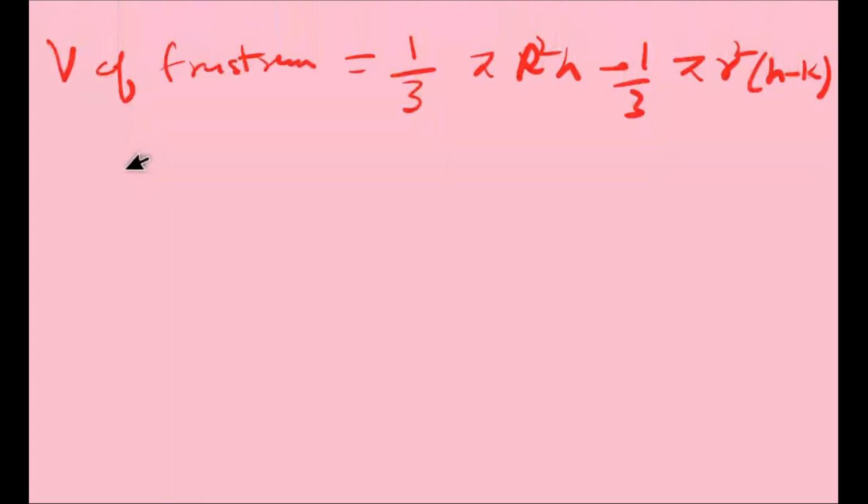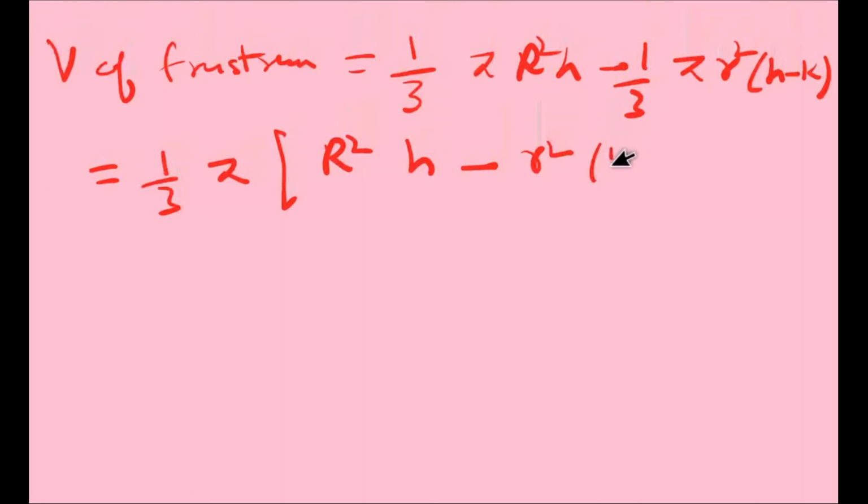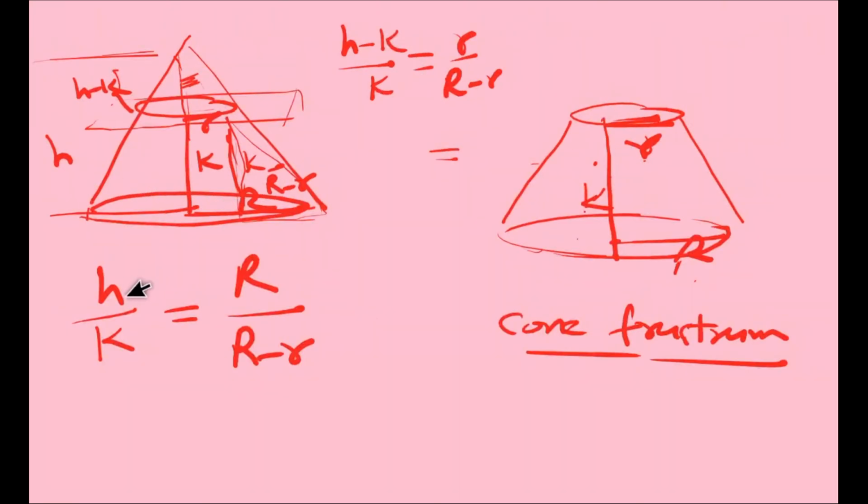Okay, so we can take the common factor, 1 by 3 pi, and what is left here is R square h minus r square (h minus k). Now previously we wanted to take k, so using this ratio we put h equal to kR upon R minus r, and h minus k equal to kr upon R minus r.